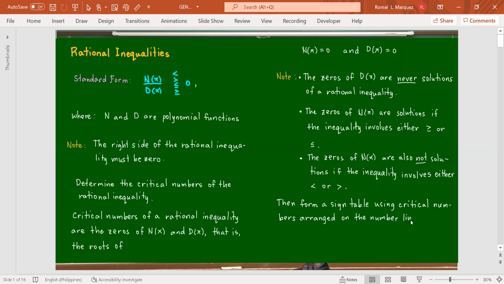Is that clear? So let us have the following particular examples. Any question with such principles in solving rational inequality, guys?